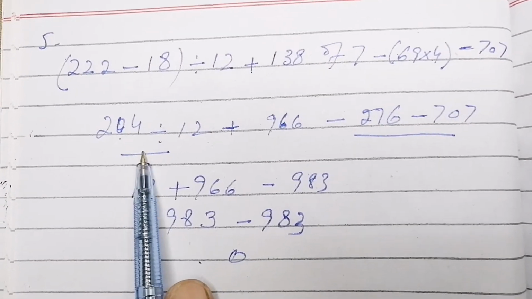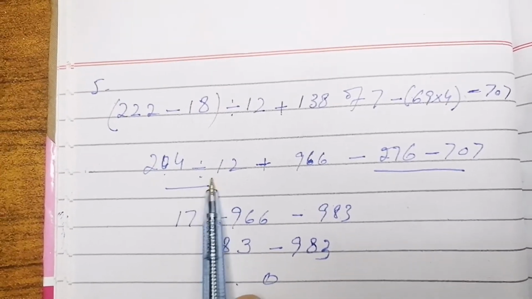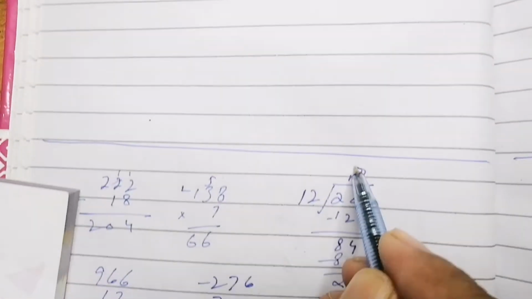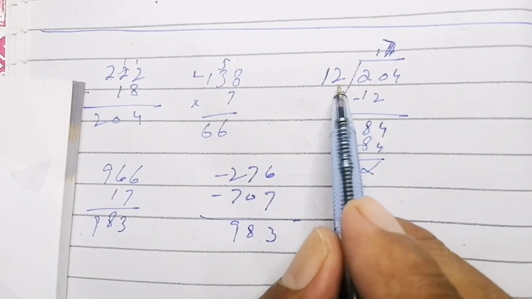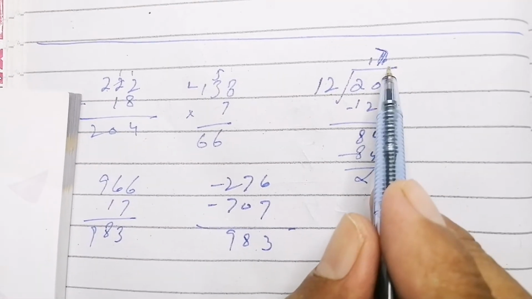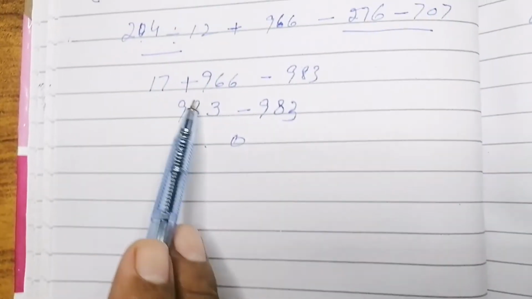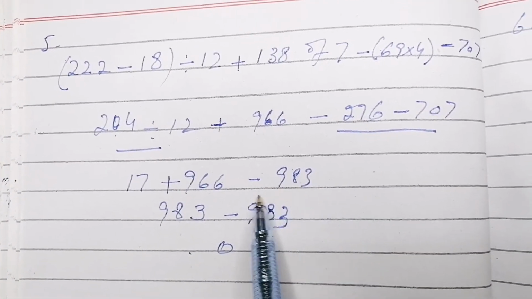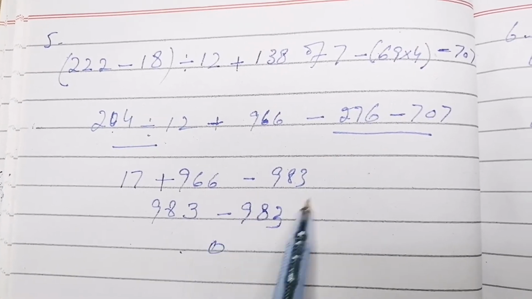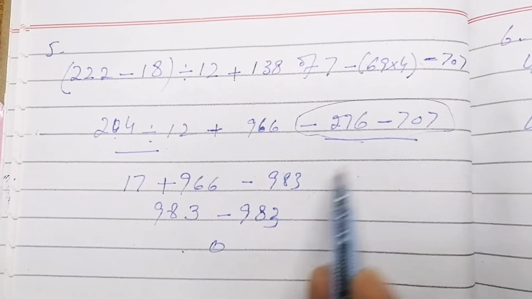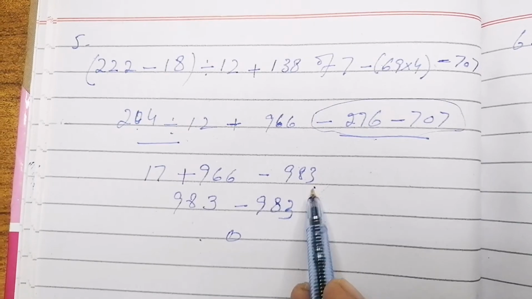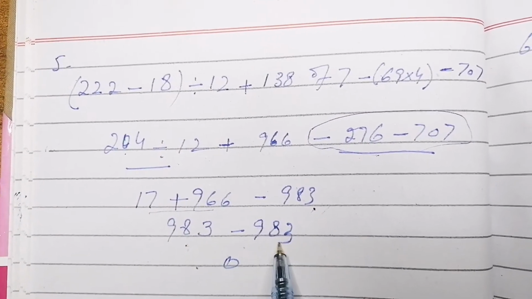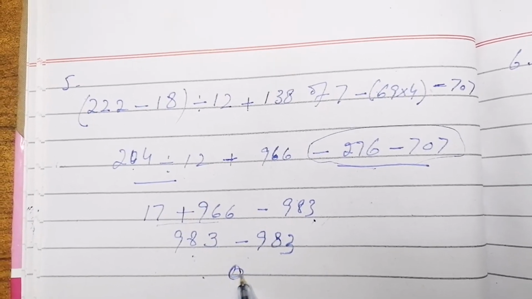Now in this second step you divide the numbers, you get 17 by dividing. Here you can see, 204 divided by 12, you get 17. So 17 we have written here, 17 plus 966 as it is, minus 276, and we have added this to 983, right? So here you add it, 983 minus 983, they cancel each other and the answer will be 0.